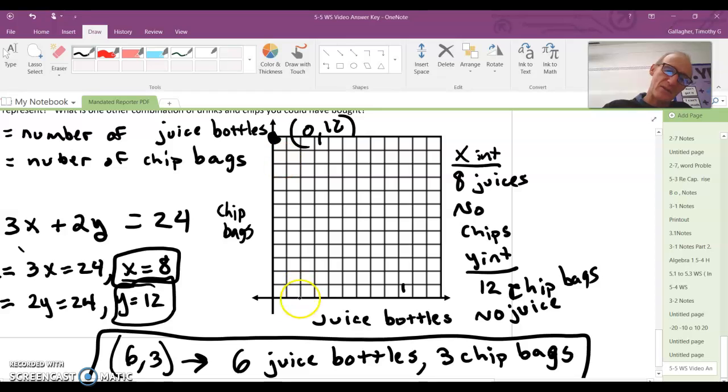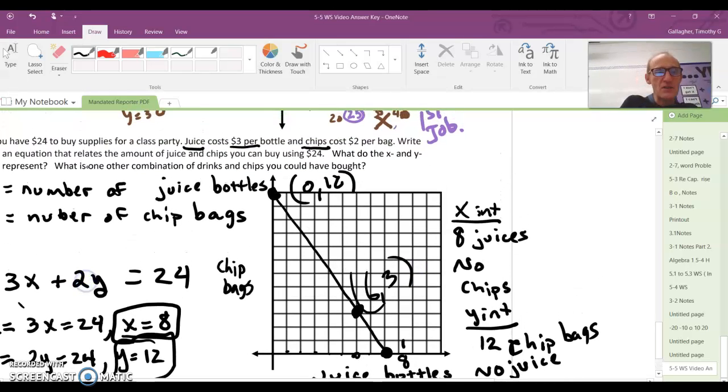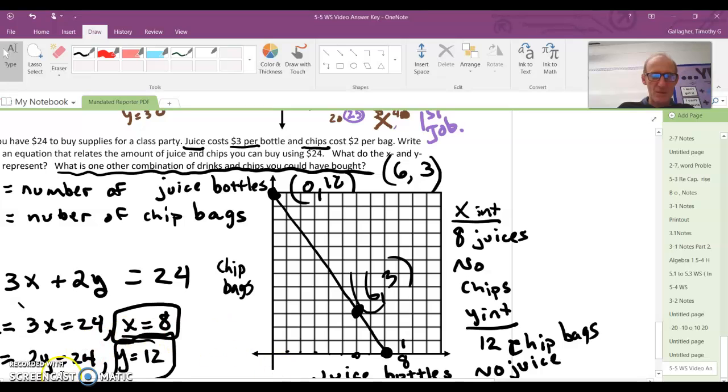I should have had 8. 1, 2, 3, 4, 5, 6, 7, 8. I missed 8 there. It's okay. So 6, 3 is right there. So what that does is answer this question: what other combination of drinks? And the answer is 6, 3. All right.